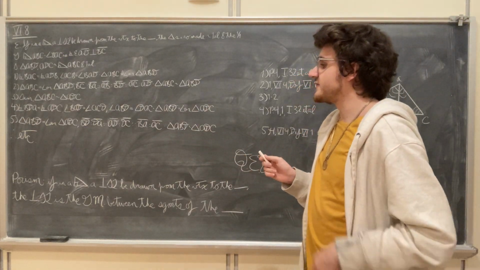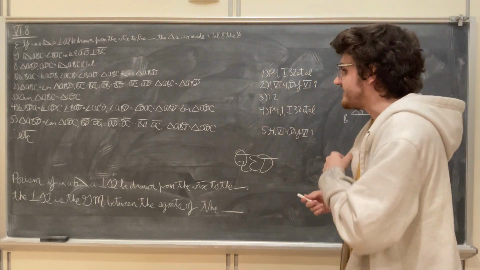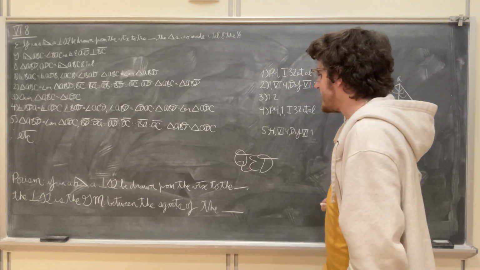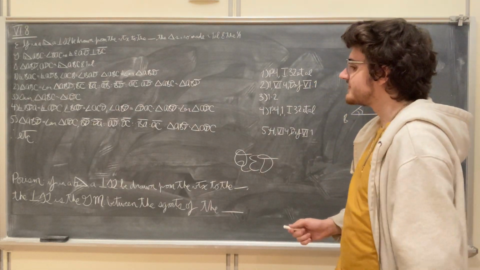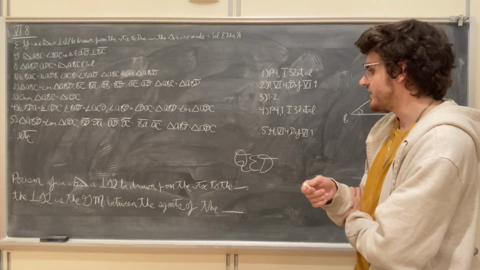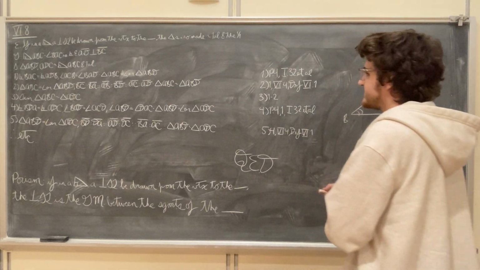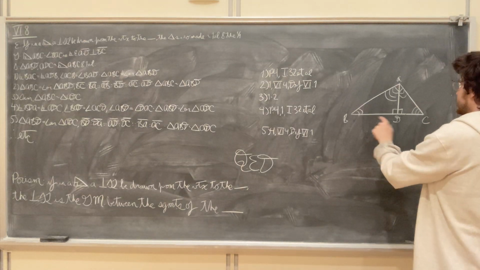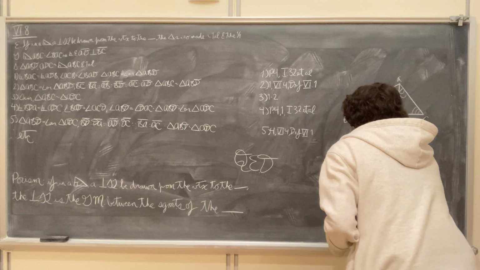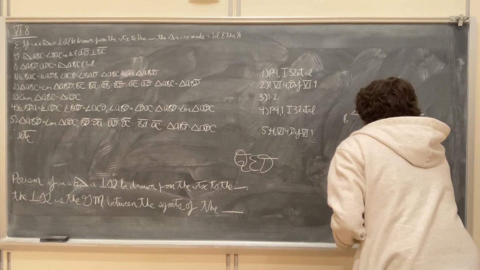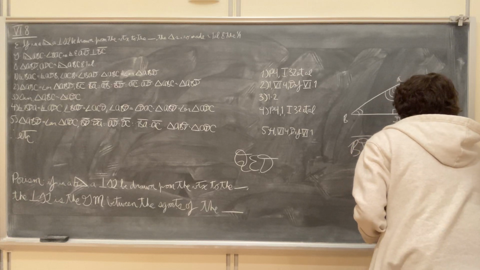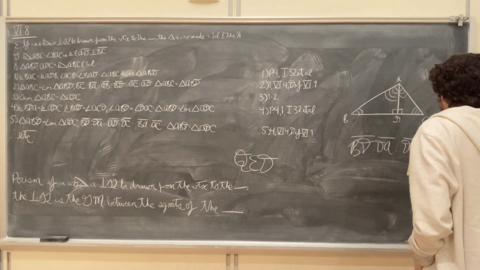Now, there is a porism appended to this proposition, that if in a right triangle, a perpendicular straight line be drawn from the vertex to the base, then the perpendicular straight line is the mean proportional between the segments of the base. This was shown in the last step, that as BD is to DA, so DA is to DC.